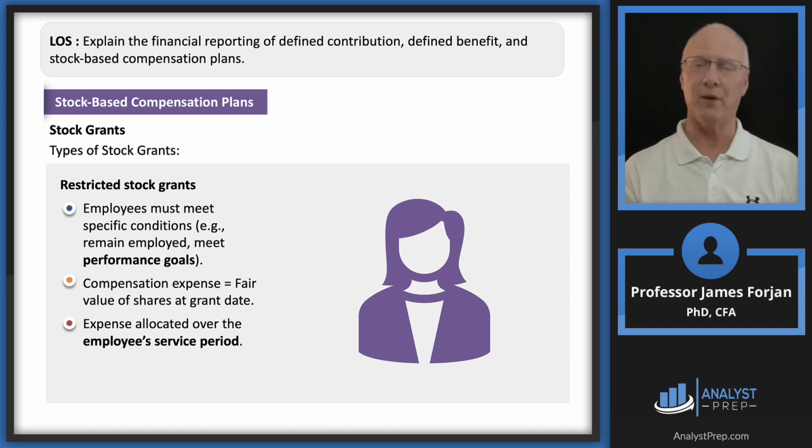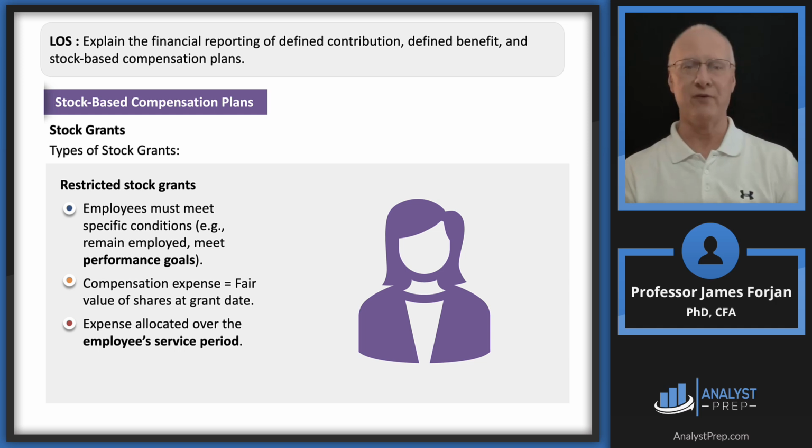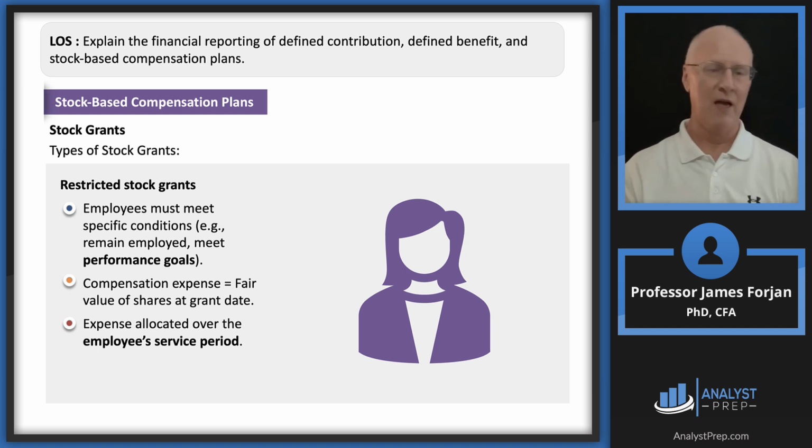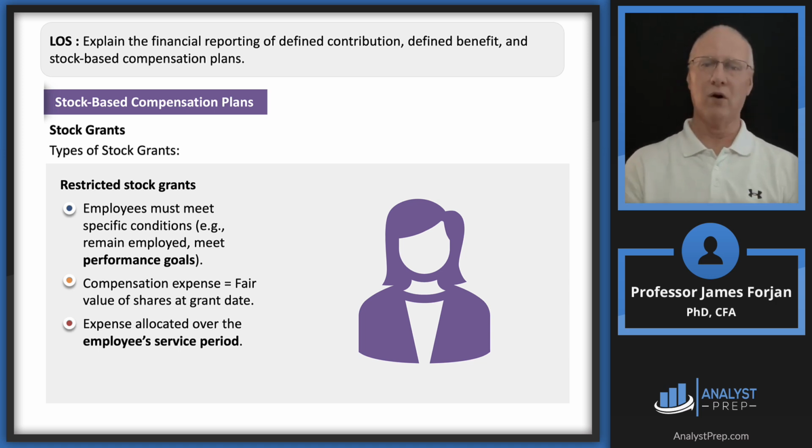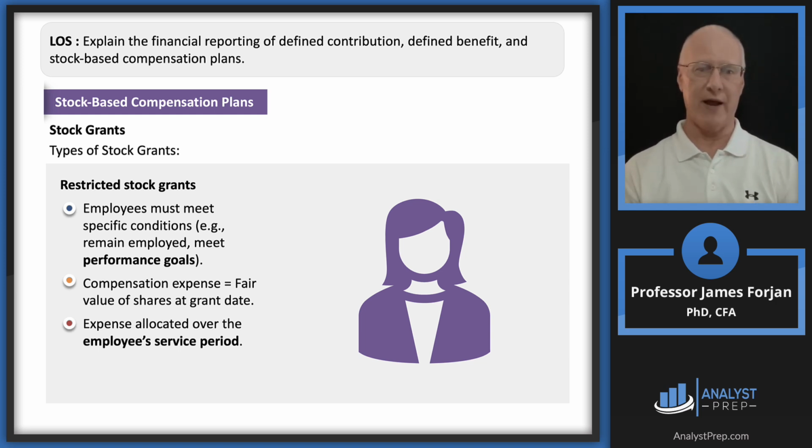You can't take full ownership of this share of stock unless some stuff is met. Maybe we'll let you have it if you've been here for 5 months. Or maybe if the return on equity increases by 2% in the next 1 year. Or you could have all sorts of restrictions associated with the stock grant.